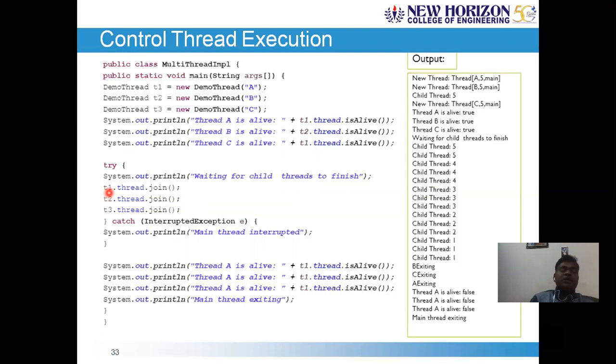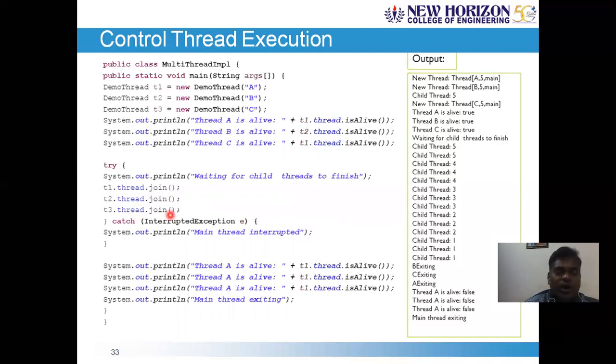Which means that T1.thread.join, unless T1 completes its assigned job, will be in a waiting mode. It will not terminate the thread. It will be in a waiting state. Similarly for T2 and T3.